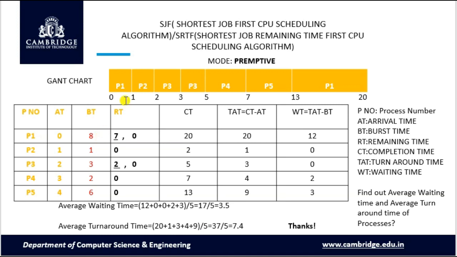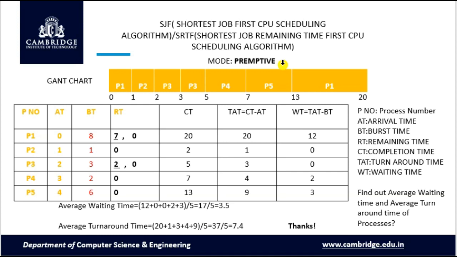The mode is preemptive. What does it mean? When a process is being executed by the processor, it can be taken out for another process, because the other process is going to take less time when compared to the process which was being executed by the processor earlier.